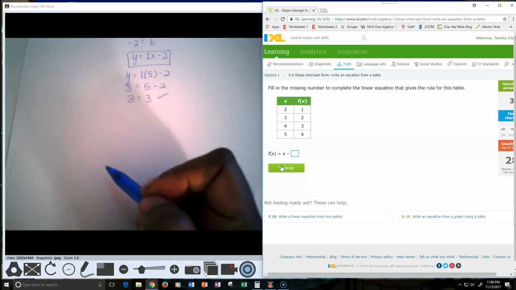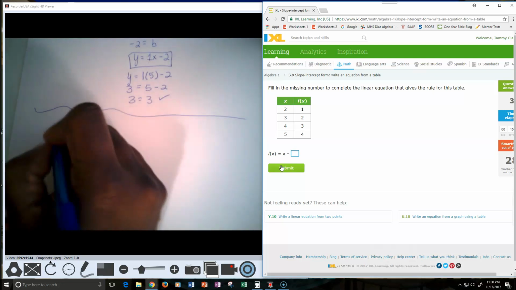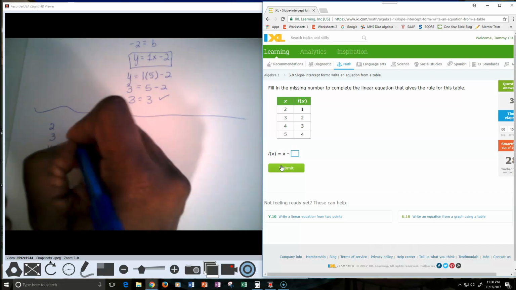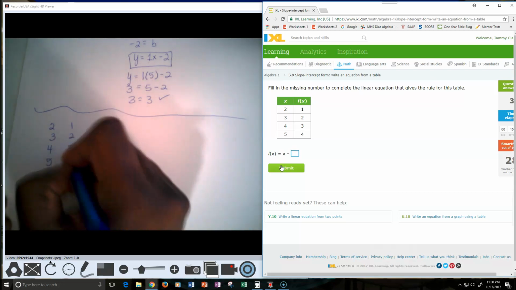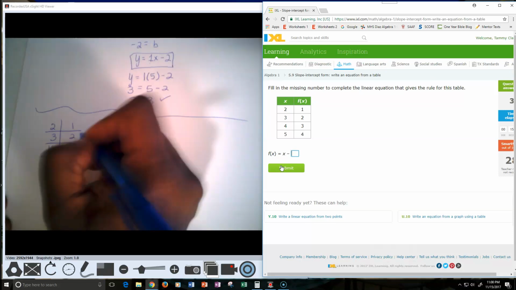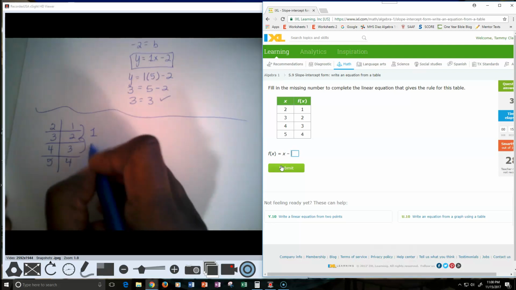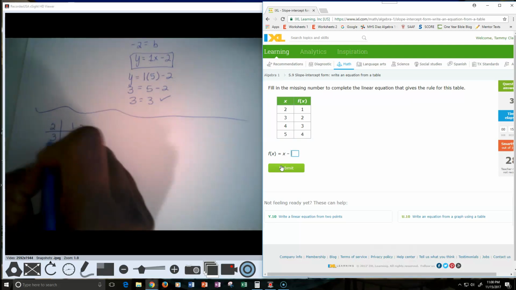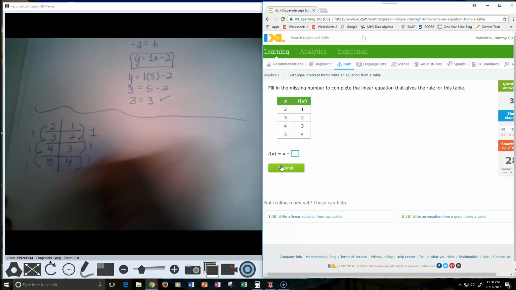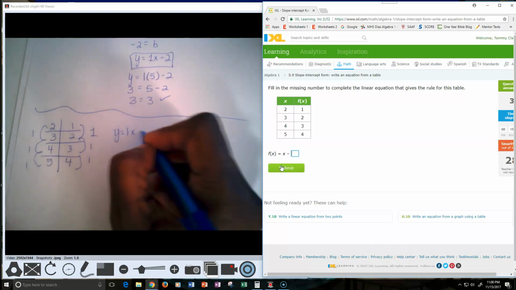So I've got 2, 3, 4, 5, 1, 2, 3, 4. Change from 2 to 1 is 1. So it looks like the change all the way down is 1. On the other side it's 1 as well. So I have y is equal to 1x plus b.